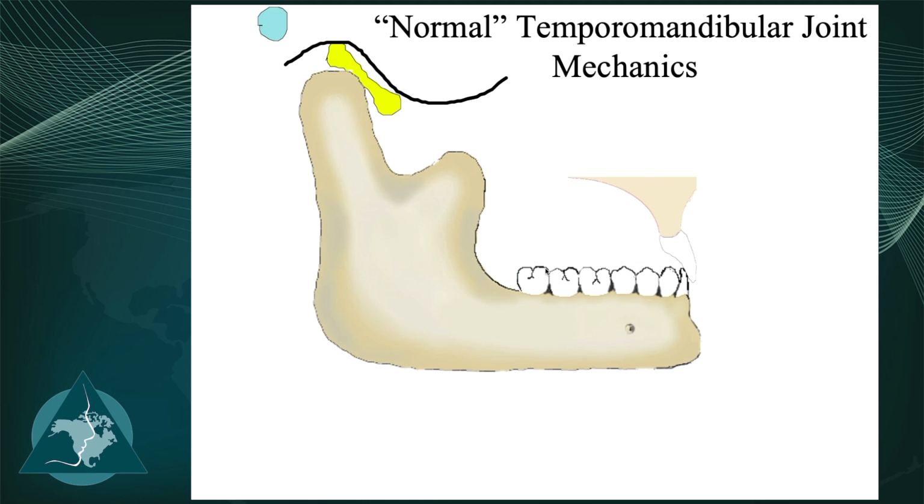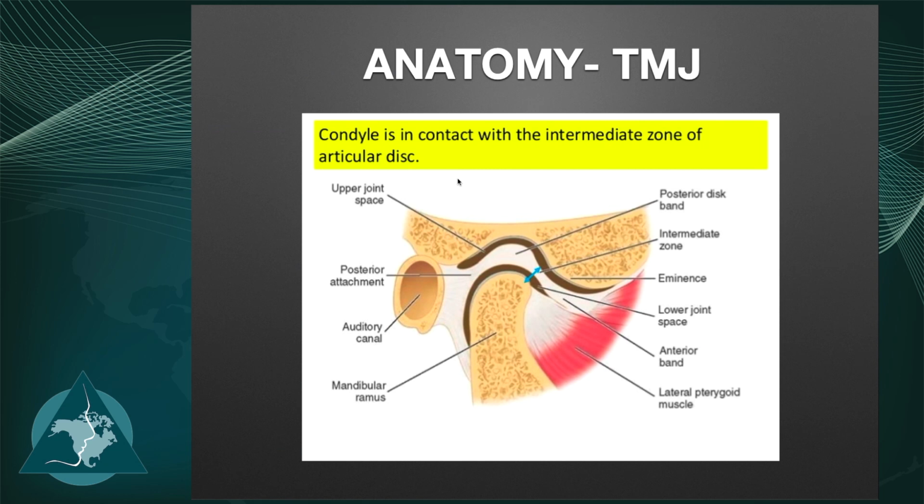Before we can get into dysfunction, we've got to talk about function. And when we look at this normal mechanic slide, we have two bands to this disc. We have the posterior and anterior band. And this middle portion is thin. In a resting position, the posterior band is actually at the 12 o'clock position, superior to the condyle.